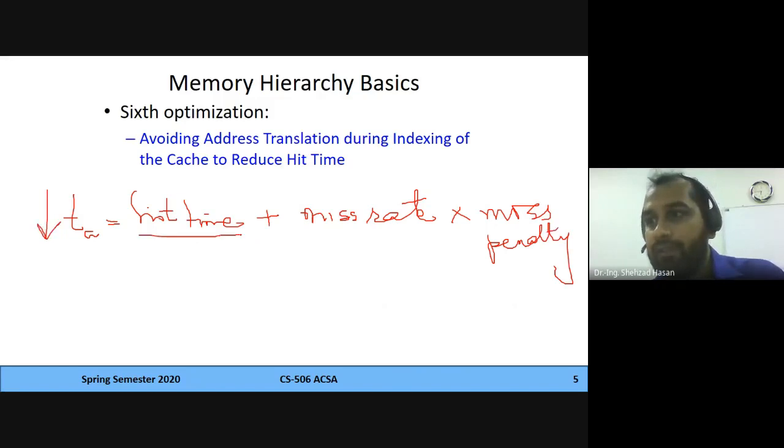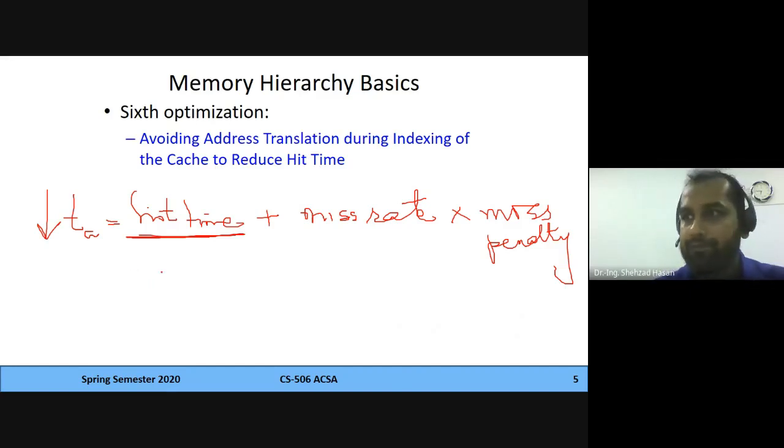So this sixth optimization is targeting the hit time. Hit time was actually the time that you are going to take to refer an item from the first level, right? Okay, so we are going to continue with this.